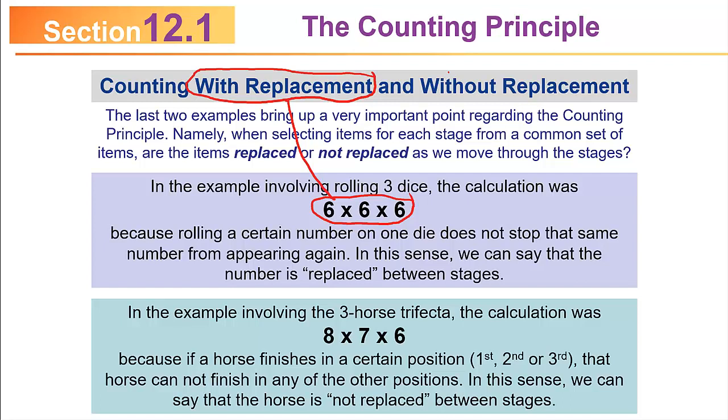In that sense, the horse is not replaced between stages, and that is without replacement. Very important concept. Think about this, because if you don't understand that, you're probably going to have trouble with some of these counting principle problems.